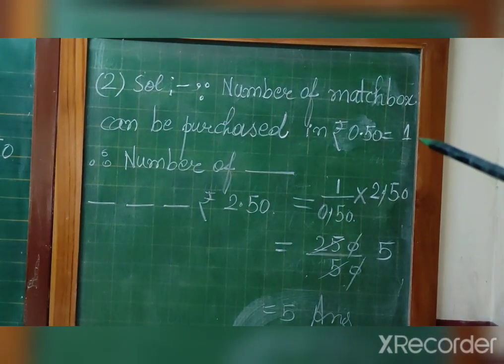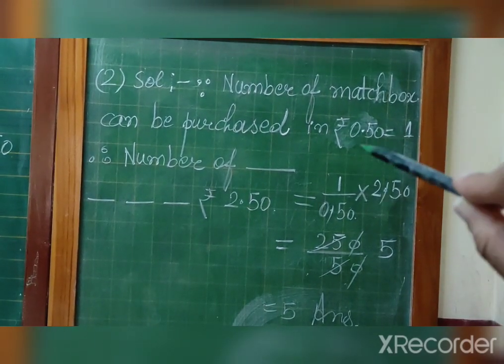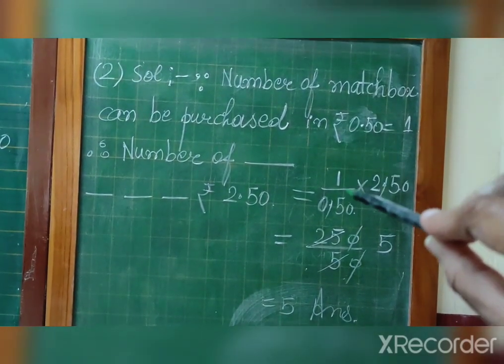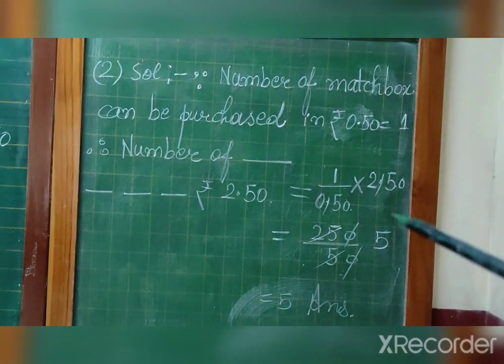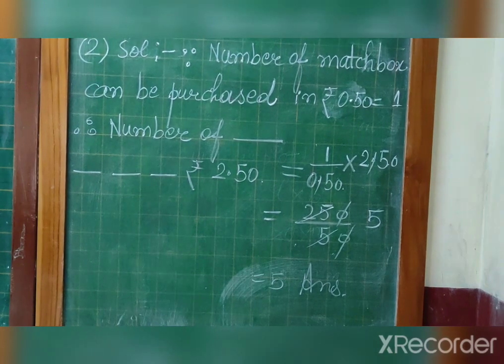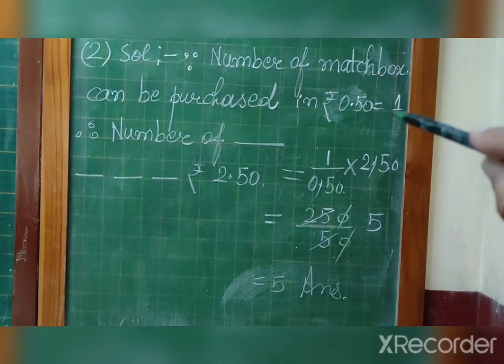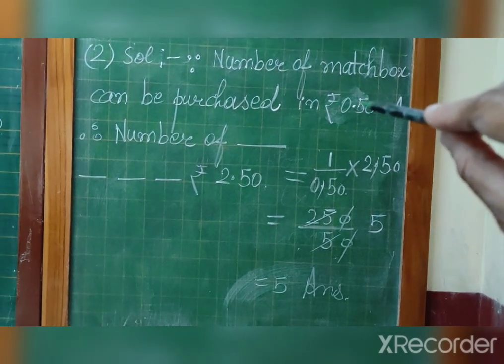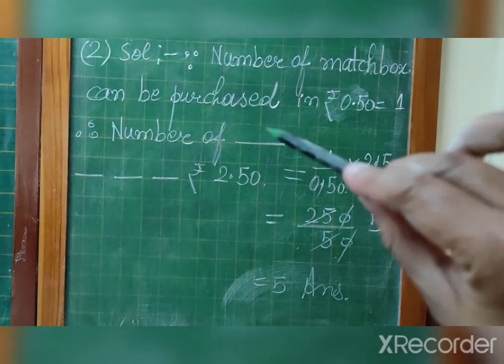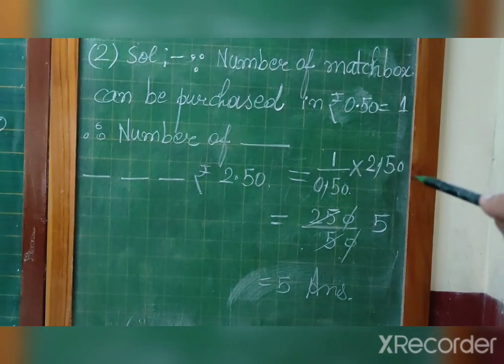This number we always take in the numerator, but this time 1 is in the numerator, so we will take it. If 1 is in the denominator, we can neglect it. In the previous sum we neglected it, but here we will not neglect. We will write 1 in the numerator, 0.50 in the denominator, and with a multiplication sign we will write 2.50.